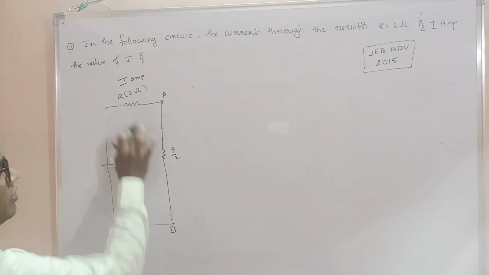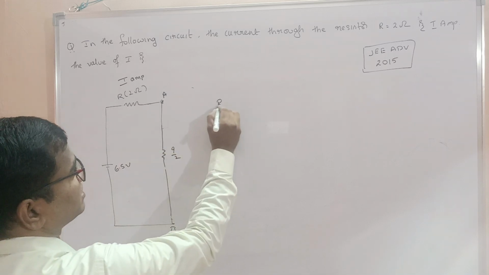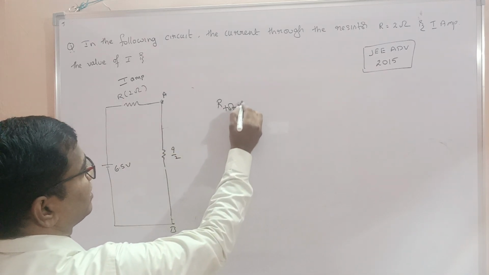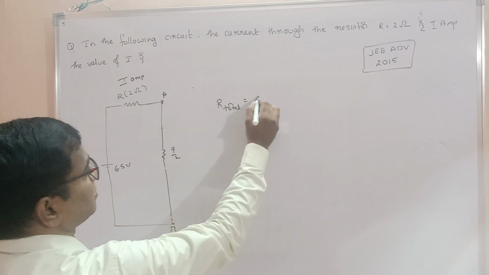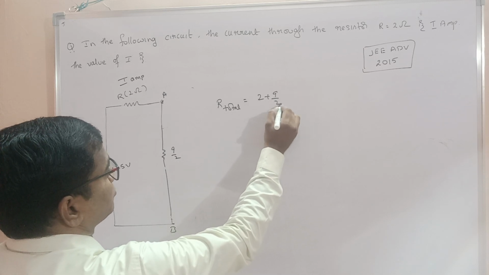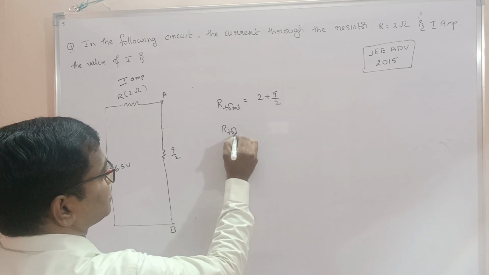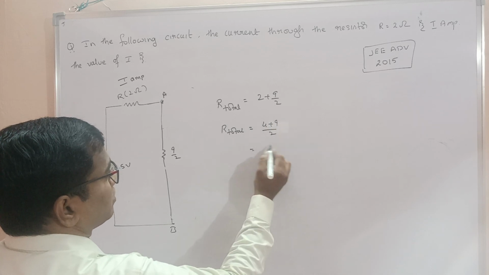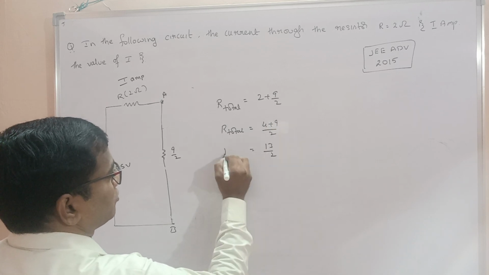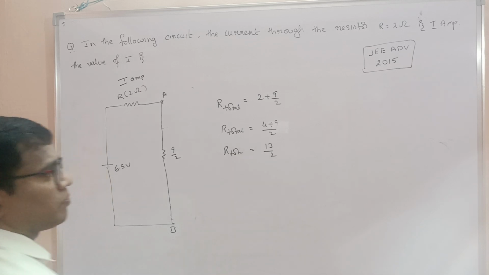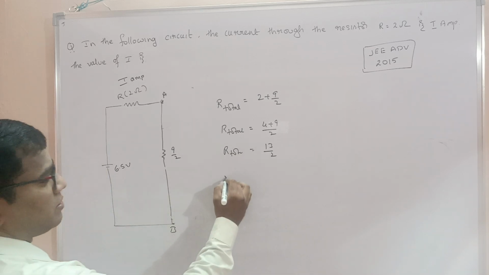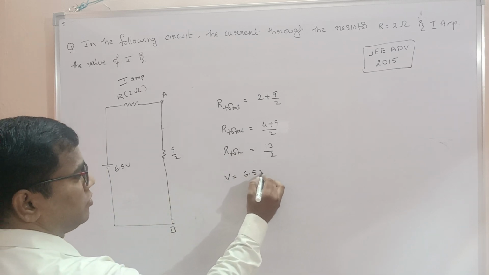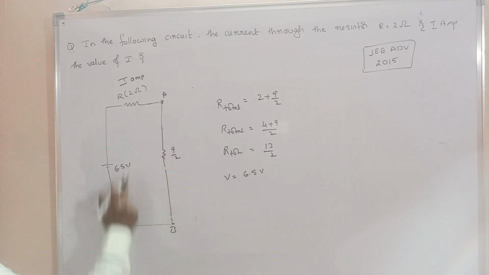Total resistance, R total, can be written as 2 plus 9 by 2, which is 4 plus 9 by 2, 13 by 2. And here V is given as 6.5 volt, and I have to calculate the current here.